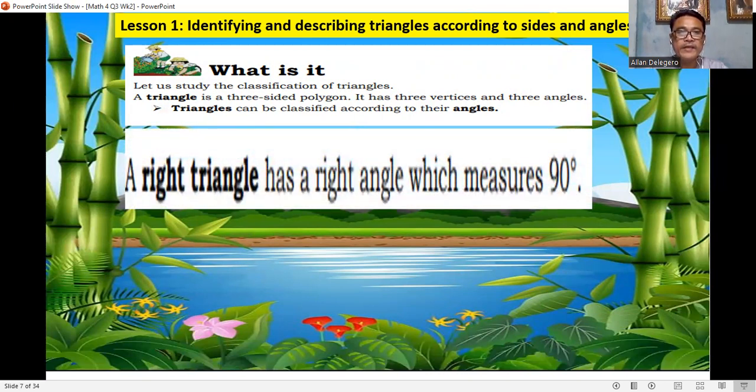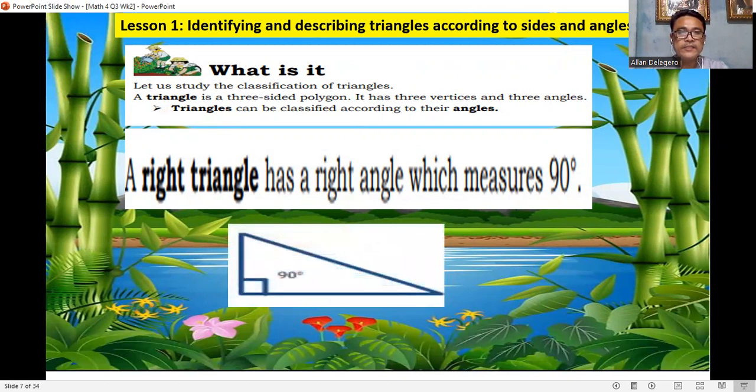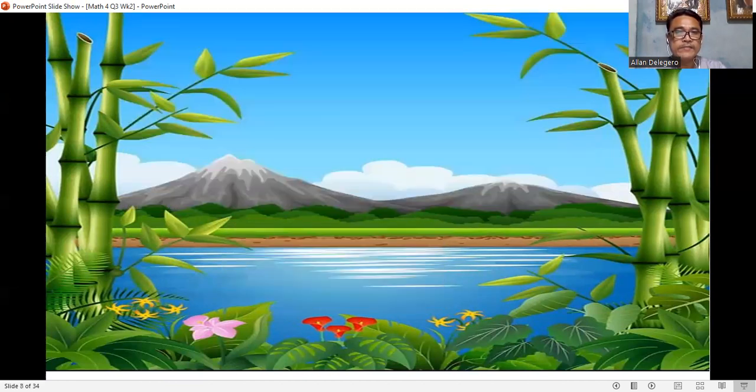A right triangle has a right angle which measures 90 degrees. This is an example of a right triangle. It has a square corner that measures 90 degrees. And this is a right angle.